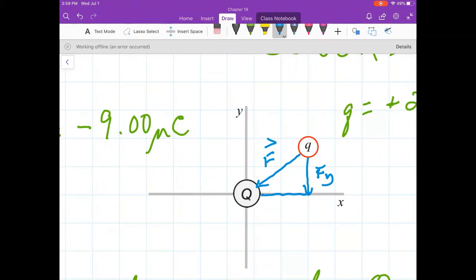The X component like that, Fx. Okay. To solve this thing, we're going to have to do some trigonometry. So we'll have to specify an angle. Let's put this angle right here, theta.